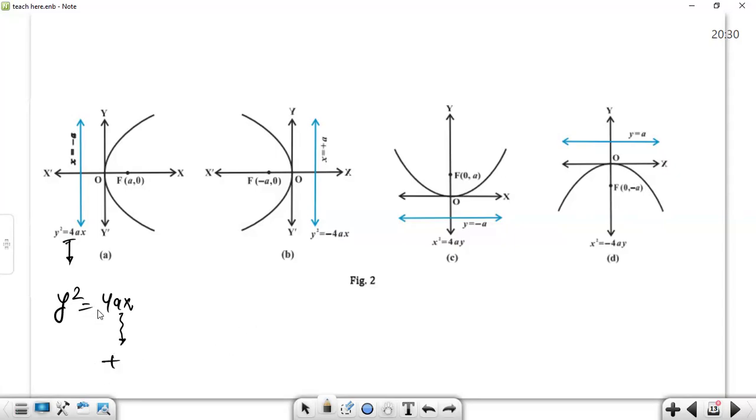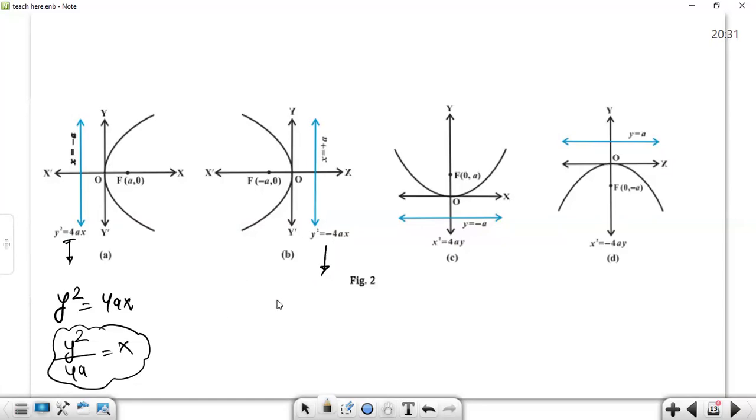Now if we consider x, y square by 4a is x. For any value of y, x will always be positive. So all of the graph would be on the positive x-axis side, and that's why it will face the positive x-axis.